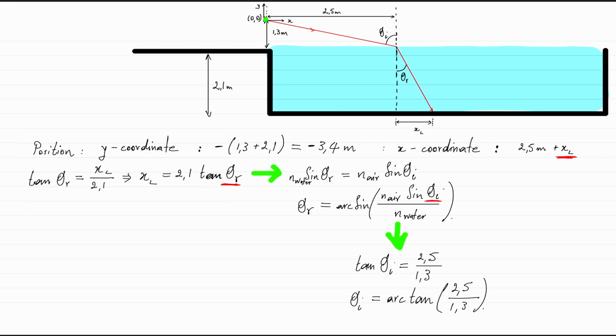Now notice we have shifted our target from x_L. We're no longer looking directly for x_L. Now we know in order for us to determine x_L, we need to find what theta_r is. Theta_r is related to theta_i through Snell's law. So this allows us to move our question from theta_r to something else.